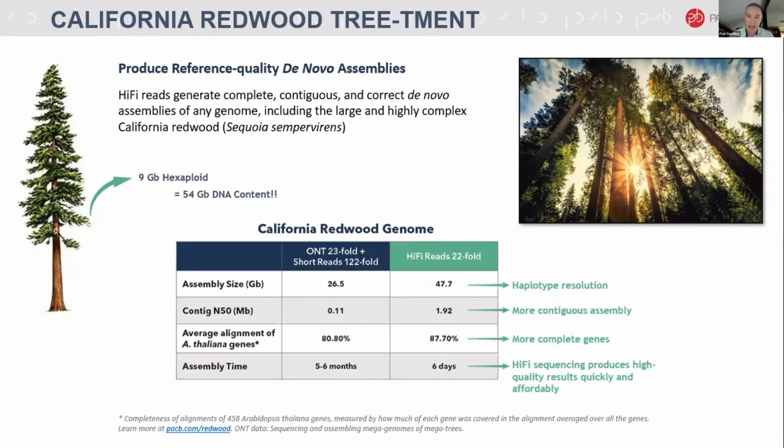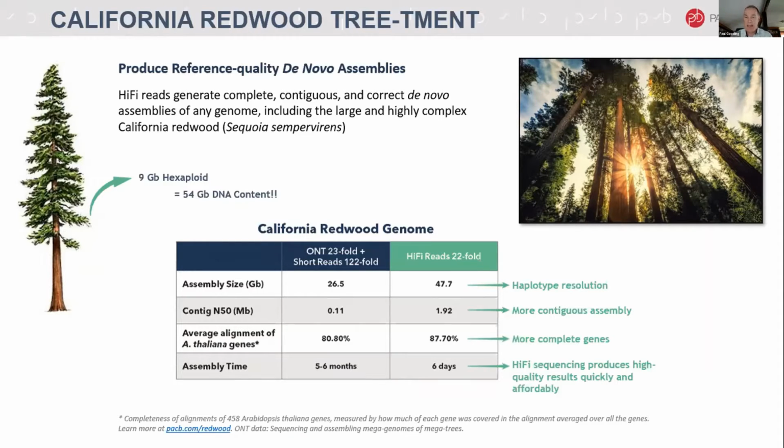It's a 9 gig hexaploid plant, so that's 54 gig of DNA content to sequence. It's locally interesting for them, but also their long read competitor, Oxford Nanopore, had tried to sequence this using their long read technology and also some short read technology as well. So it was a bit of a head-to-head.